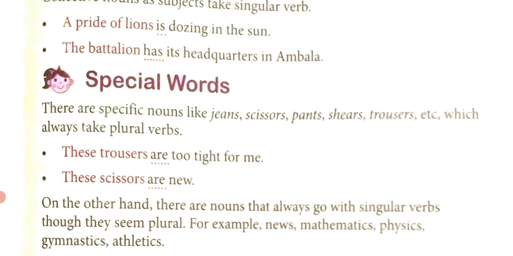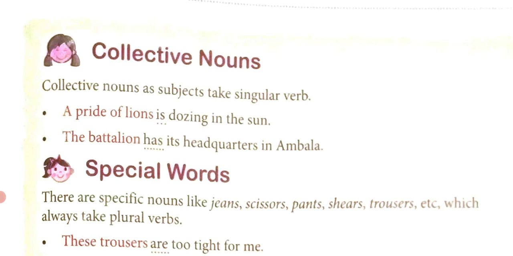Now let's move on to collective nouns. Collective nouns as subjects take a singular verb. For example, a pride of lions is dozing in the sun. So here the collective noun as a subject takes a singular verb.